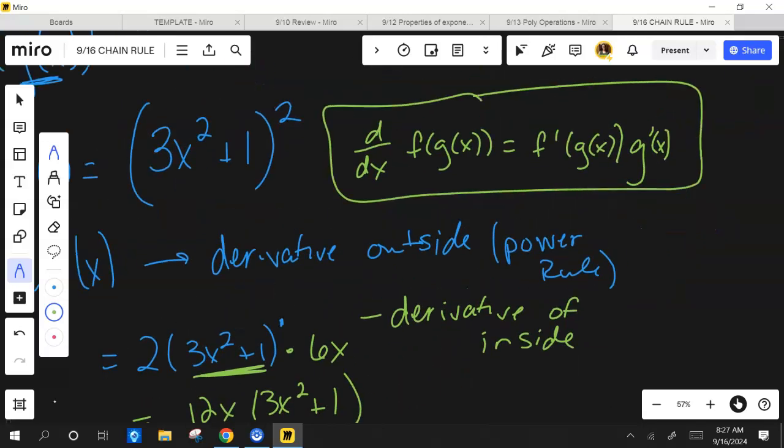Sometimes you might want to write that down. Sometimes they give you a question that looks something like that. Showing you that you do the derivative of the outside function first. So determine what's the outside function, what's the inside function.